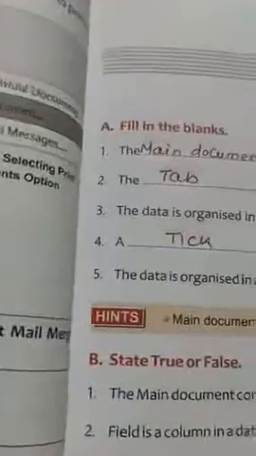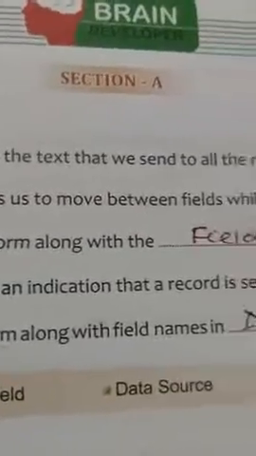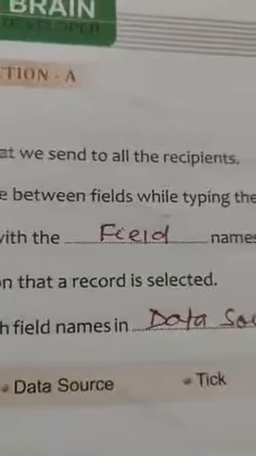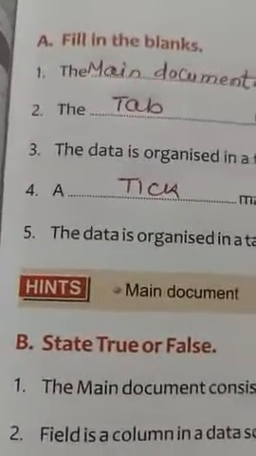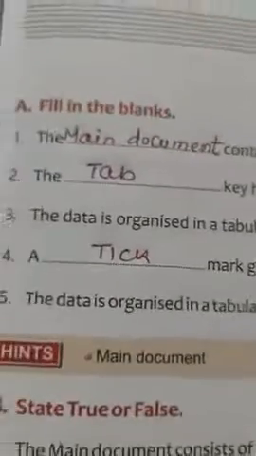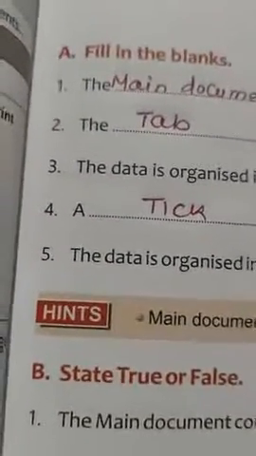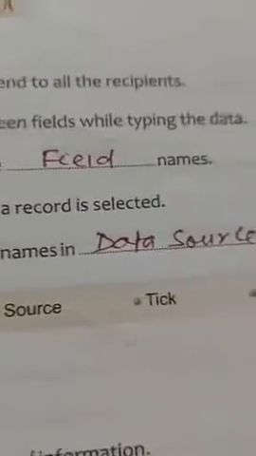Third, the data is organized in a tabular form along with the field names. Fourth, a tick mark gives an indication that a record is selected. And fifth, the data is organized in a tabular form along with the field names: data source. These are the fill in the blanks.